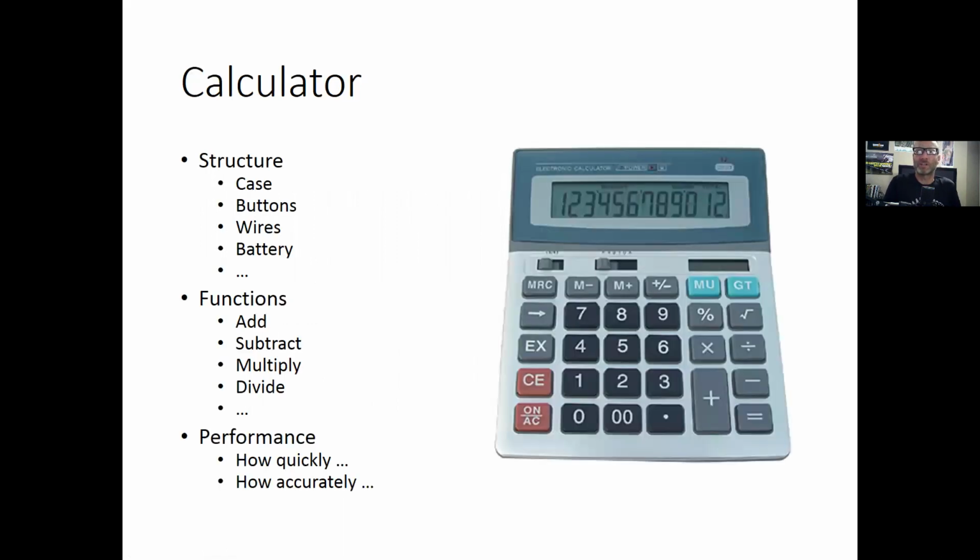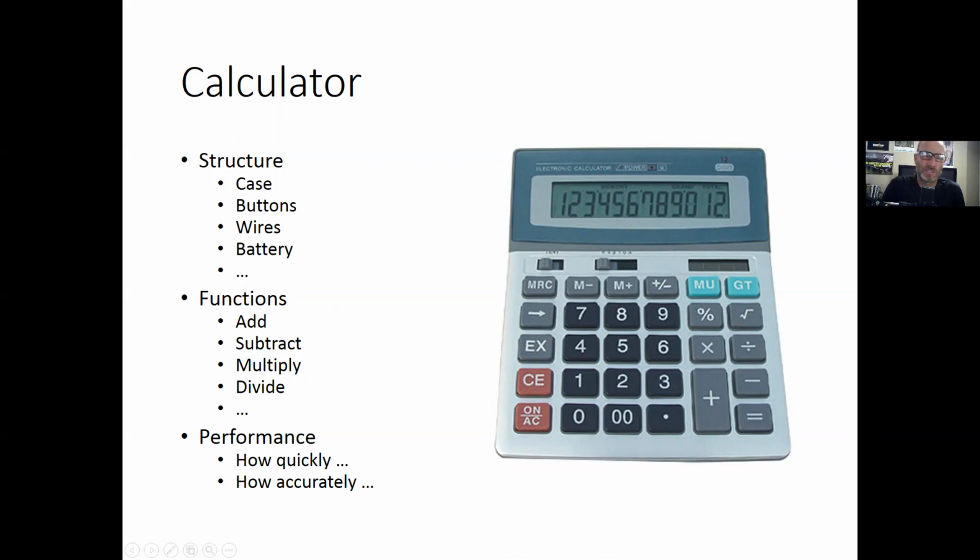Let's look at the calculator. What's the structure involved with a calculator? Well, you have this outer casing, you've got buttons on here, you've got wires inside, you've got switches, there's a battery in here, you've got a display. These are just all the parts that make up a calculator. All the parts. Now I'm only listing a few of them here.